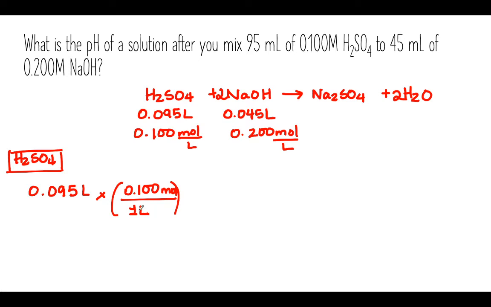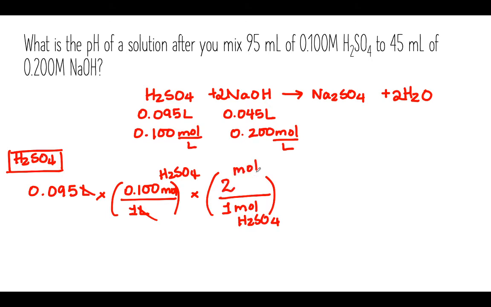So for 1 liter, I have 0.100 moles of H2SO4. Right, so my liters will cancel out. And in order to figure out how much H2O I will produce, I'm going to use my mole ratio. According to the balanced equation, 1 mole of H2SO4 is going to produce 2 moles of H2O. Right?